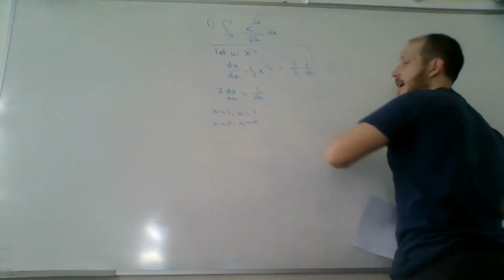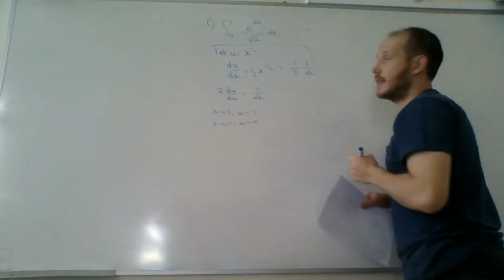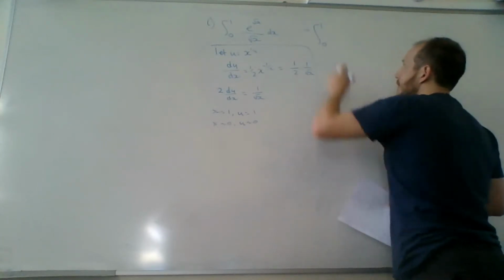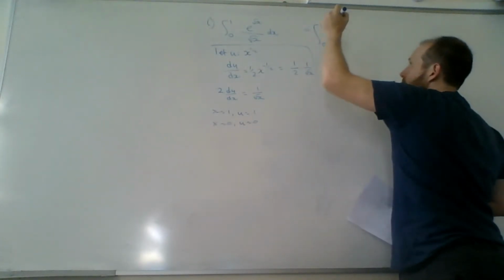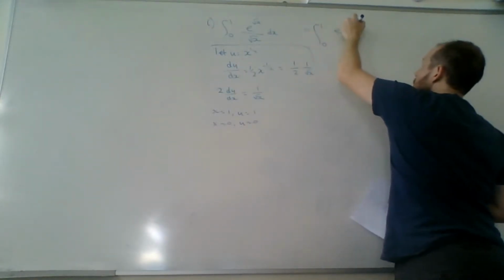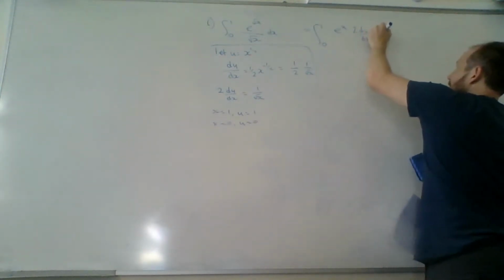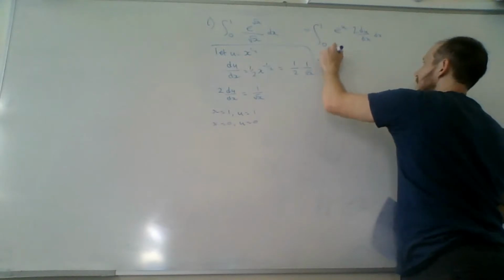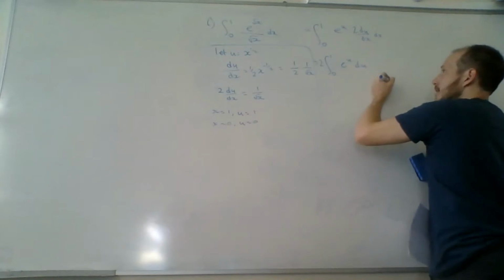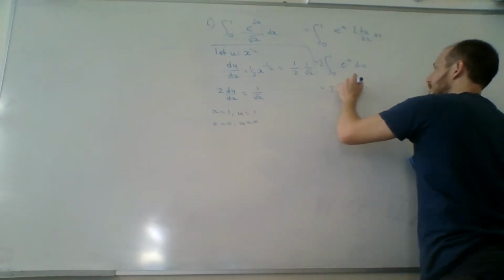Okay. Now our integral in this case becomes the integral from 0 to 1. Now we've got e to the u, and then we've got 1 over root x, which is just 2 du dx. So if we simplify this and take our factor out the front, we've just got e to the u du, which is simply 2 lots of integral is the same.